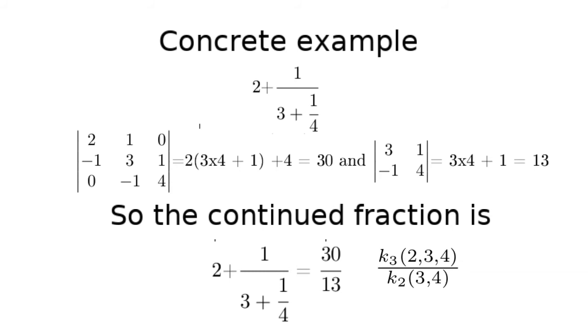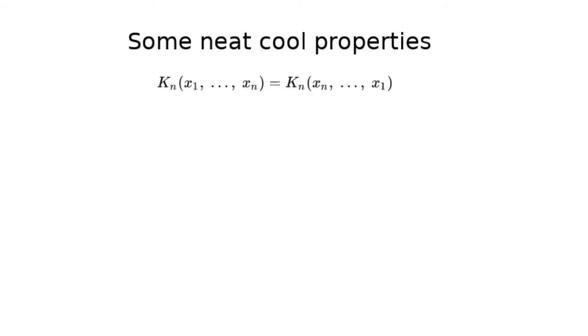So you should probably sit there and think about it and get a feel for this, and how you can set up all your continued fractions in this way and solve them, finite continued fractions, that is. Some neat, cool properties are that it has some symmetrical property, but it's not really a symmetrical polynomial in all of its variables or in every way, but it's symmetrical a little bit, so you can prove that out as well.